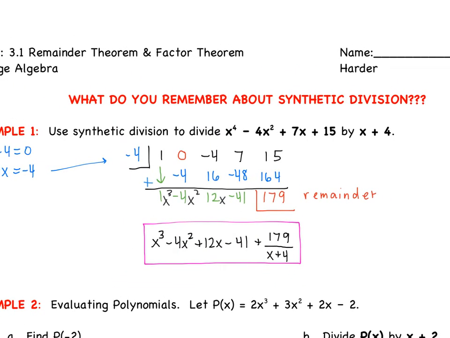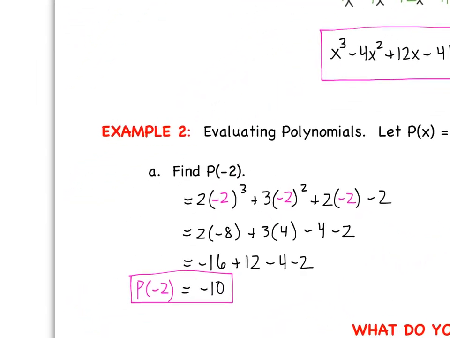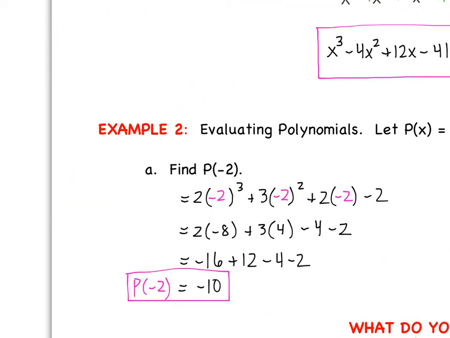Now let's go ahead to the next example. Now we're going to talk about evaluating polynomials. So suppose we have this p of x equals 2x cubed plus 3x squared plus 2x minus 2. Let's suppose I asked you to find p of negative 2. So if I asked you to do this, one way we can do it is called direct substitution.